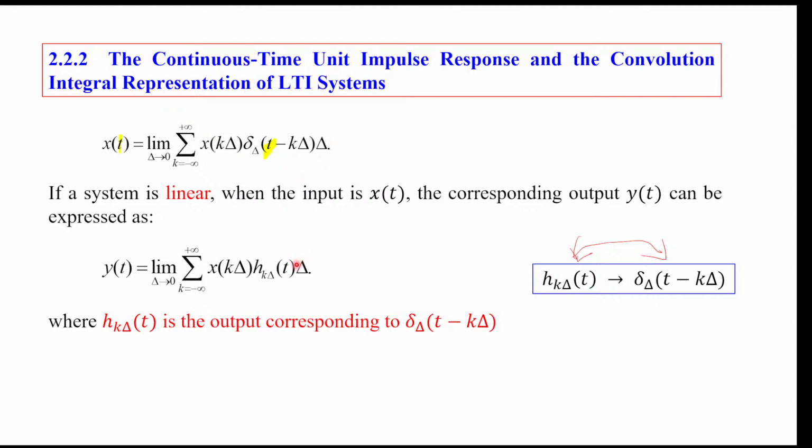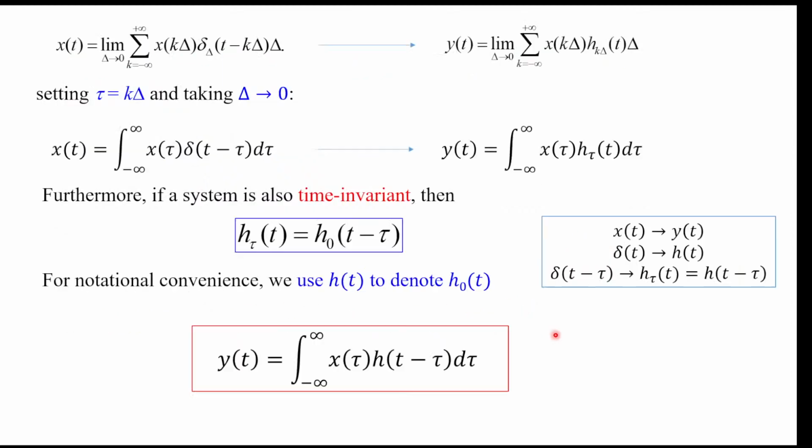This is just a number. Here h sub k delta of t is the response to delta sub-delta of t minus k delta. This is just notation. So we have x as a linear combination of delta sub-delta going to y as a linear combination of the responses to delta sub-delta.